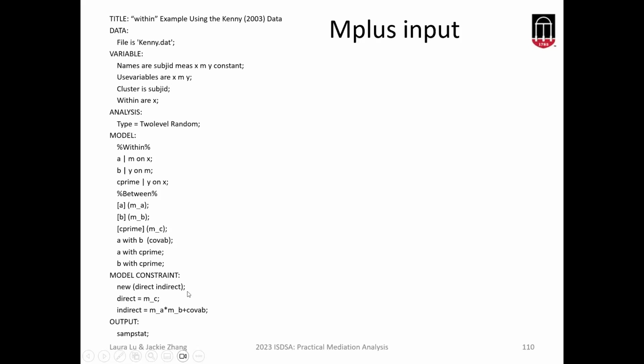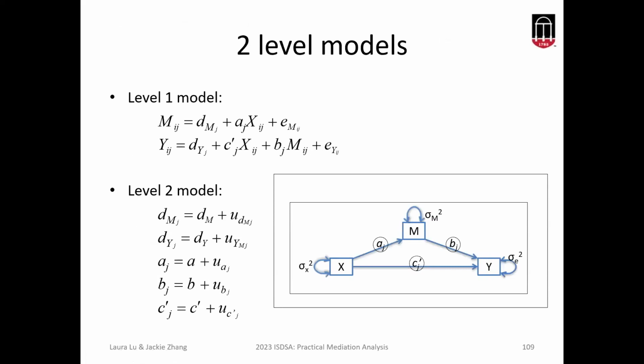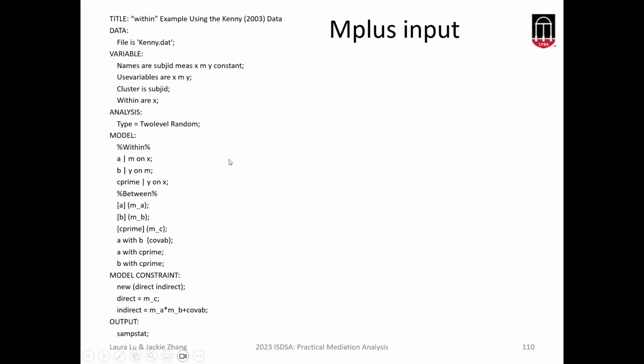Inside the model, again, we have two parts, the within part and the between part. The within part is about the equations of level 1. So let's go back to the equations of level 1. Here we have the equation for M, the equation for Y, and we have A, B, C. All of these are random coefficients, random slopes.